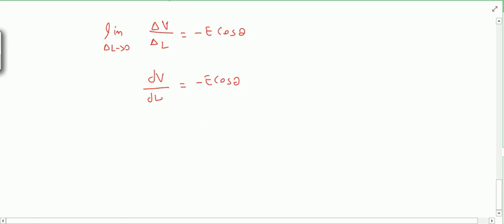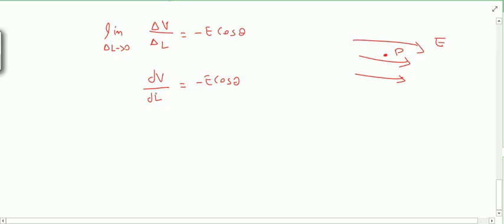Now here you can see that E is constant, because I'm finding the electric field at point P. Suppose this is my point P at which I am finding this dV by dl.